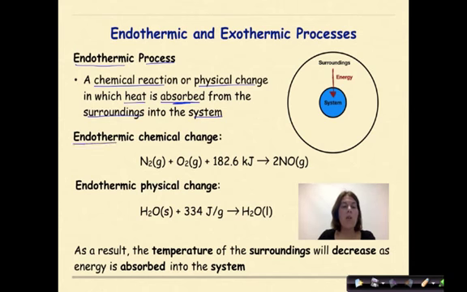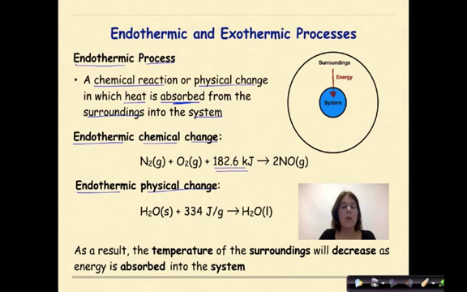We can have an endothermic chemical change. So diatomic nitrogen reacts with diatomic oxygen, absorbs a certain amount of energy, and produces 2 moles of nitrogen monoxide. So this is a chemical system in which we have two reactants absorbing energy to come together to form a new product. We can also have an endothermic physical change.